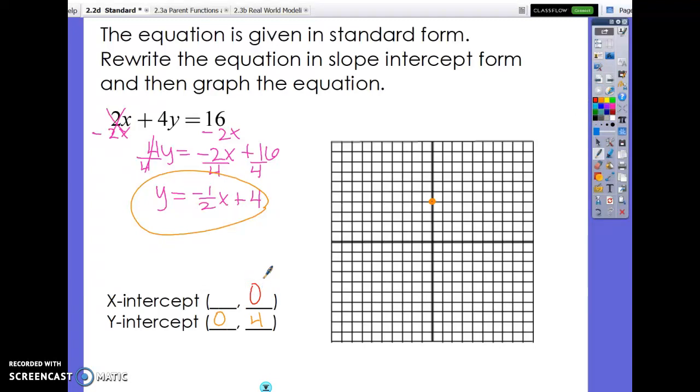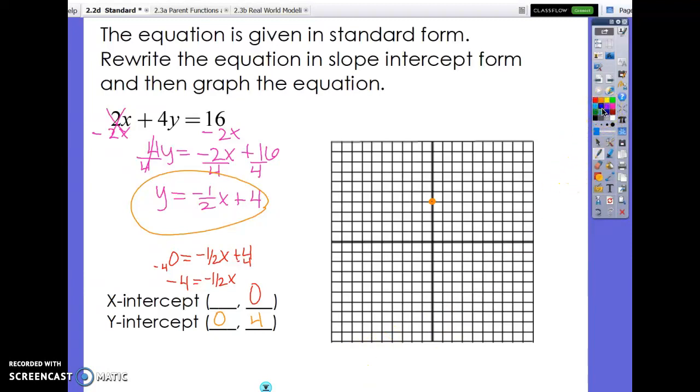In order to find this, we can just plug 0 in for y and then solve for x. So we would get 0 equals negative half x plus 4. Well, subtract 4 on both sides. Negative 4 equals negative half x. Remember, now we want to use that reciprocal.